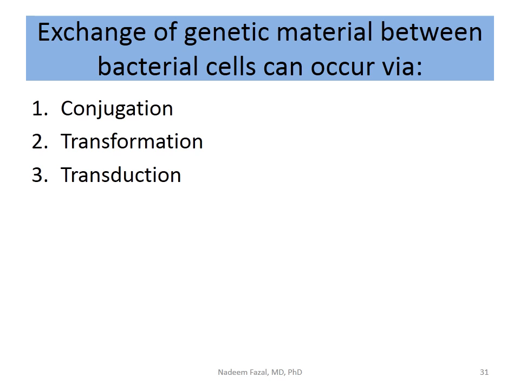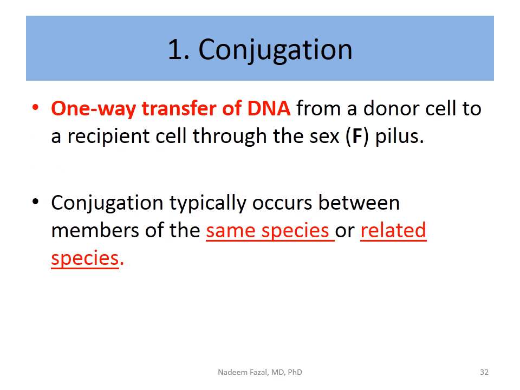So let's talk about conjugation in a little more detail. I think you pretty much got the essence of it: the bacteria, which are in the same species or related species, physically come in contact with each other and conjugate.